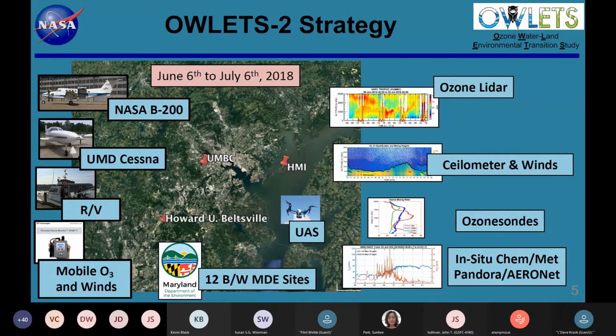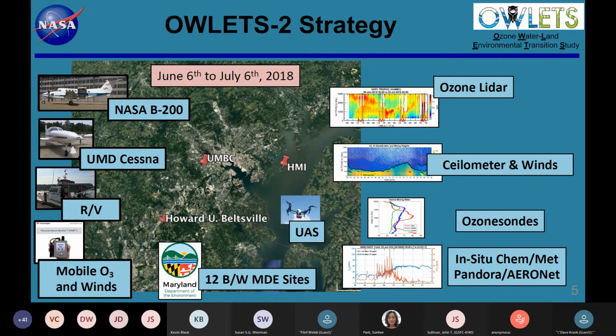So we were able to bring in ozone LiDAR instruments that could measure vertical profiles of ozone, various other AeroNet and Pandora spectrometers to measure column abundances of both aerosols and trace gases, in situ laboratory equipment, as well as measurements on boats on various mobile platforms. And of course, all on the backdrop then of the extensive MDE monitoring network.